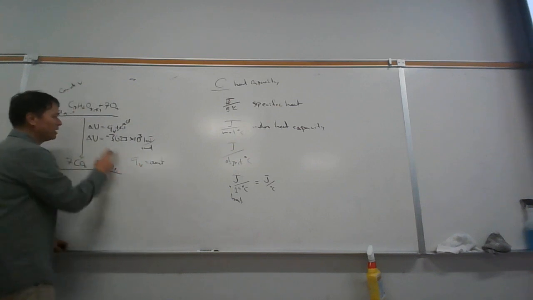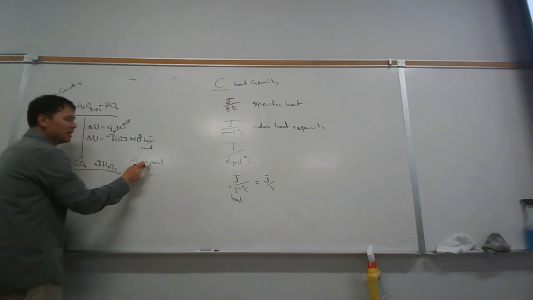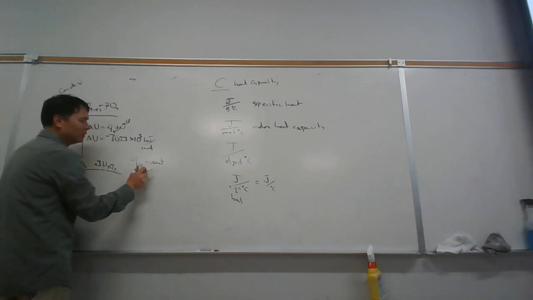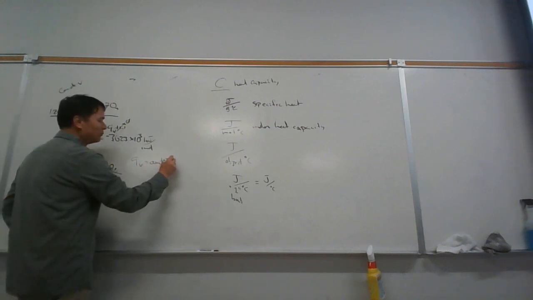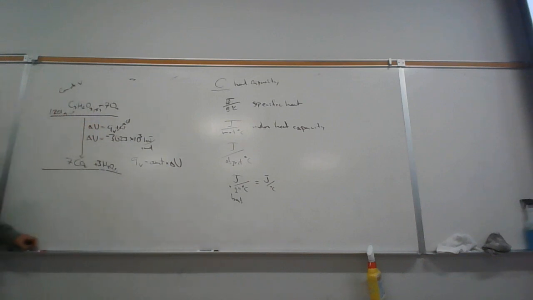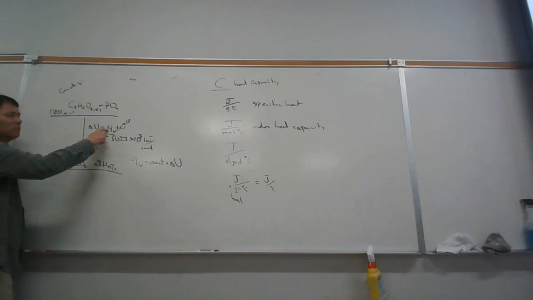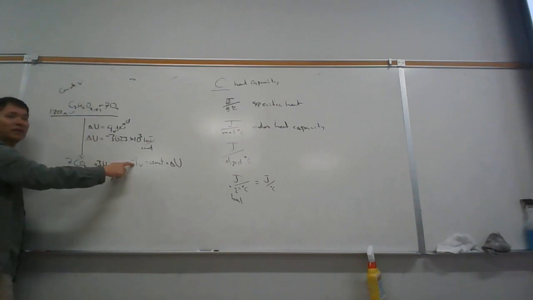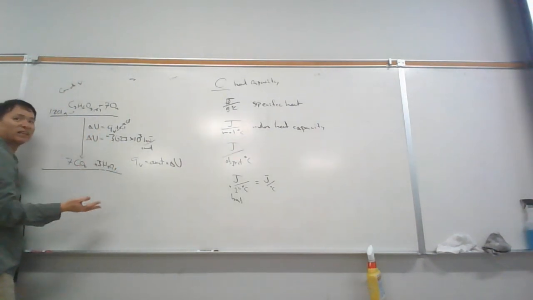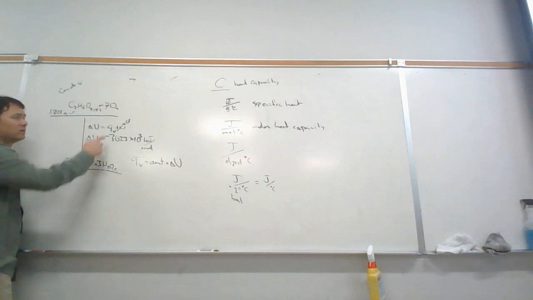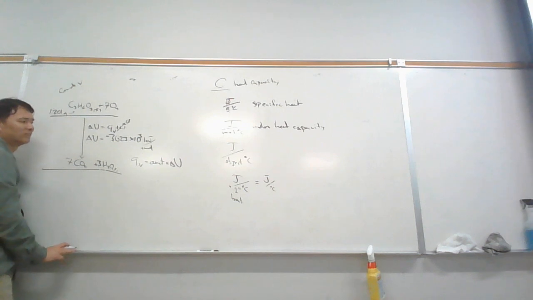If it's a full mole, yes, I'm going to get that amount. But if it's less than a mole, I'm not going to get that amount. And so it's going to be amount times delta U. And so this QV is in terms of per mole. This QV is in terms of just amount of heat. So this QV is kind of intensive, this QV is extensive, but we just represent them all kind of the same.